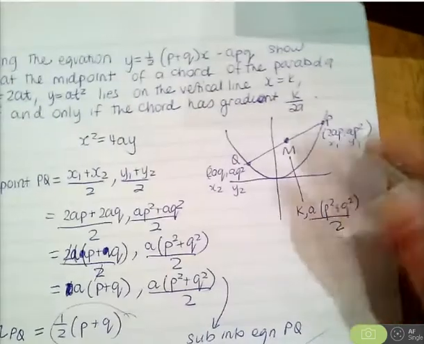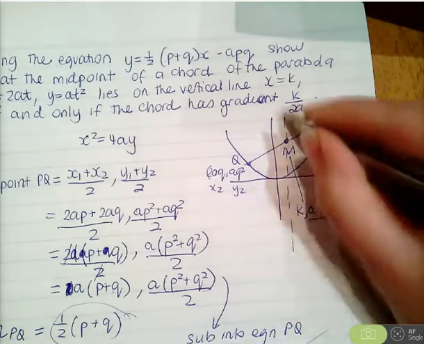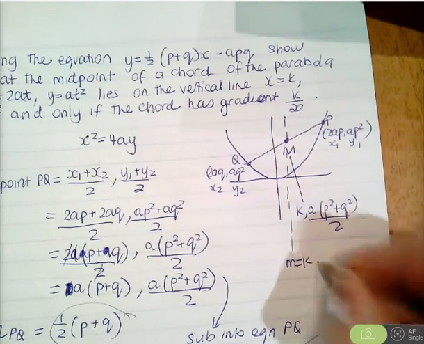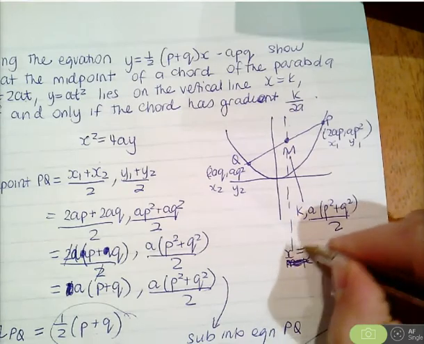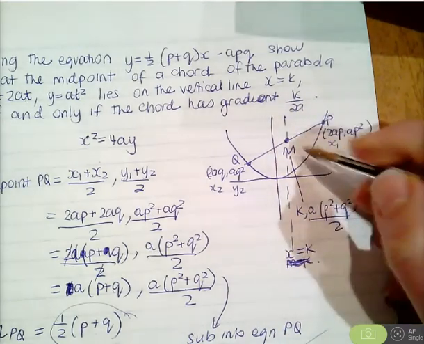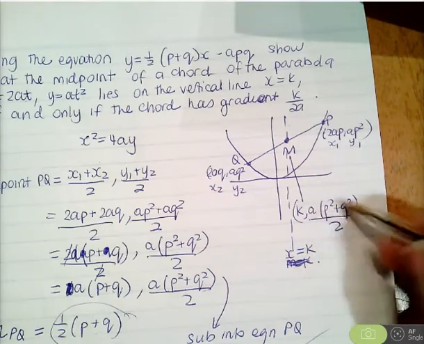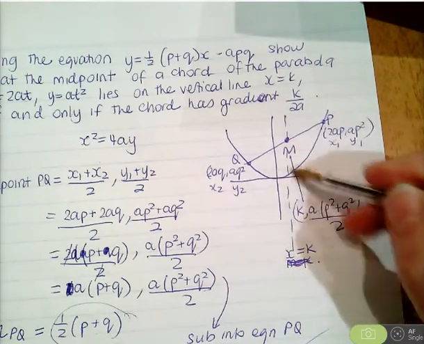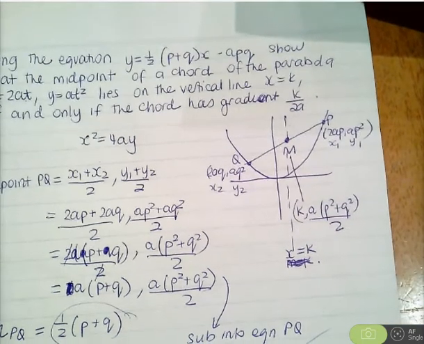Therefore, M must lie on the vertical line. Sorry, not M equals K. It lies on the vertical line X equals K, because M has coordinates K and this Y coordinate here. M lies on the vertical line X equals K. Okay, so that one's done eventually.